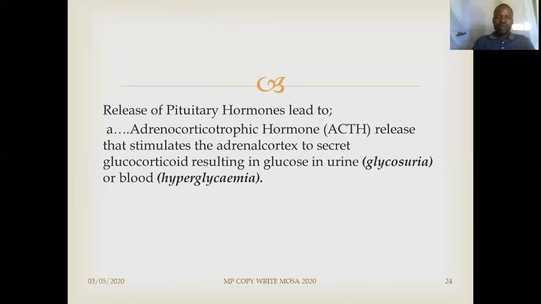There is also release of pituitary hormones, which leads to, first, adrenocorticotropic hormone, ACTH, that stimulates the adrenal cortex to secrete glucocorticoid, resulting in glucose in urine, what we call glucosuria, or hyperglycemia.